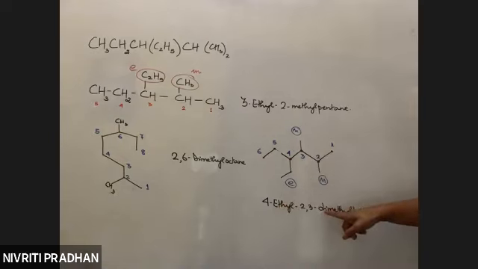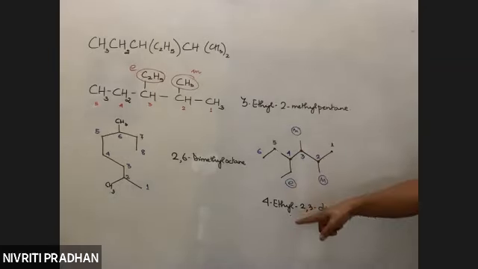Because di was added because there were two methyl groups. So you don't take into account the alphabetical order of numerical prefixes. Don't think that D comes before E.